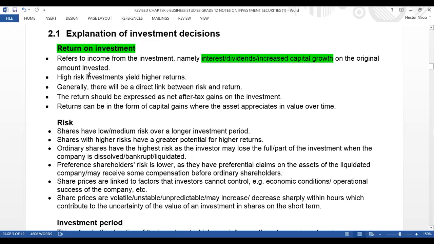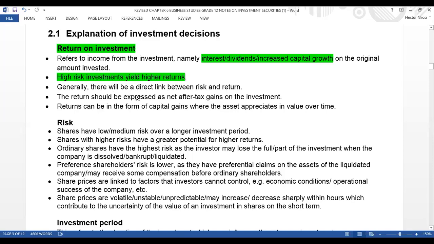Now, grade 12s, higher risk investments yield higher returns. So the higher the risk you invest in, the higher the returns. Generally, there will be a direct link between risk and return. The return should be expressed as a net after-tax gain on investment.